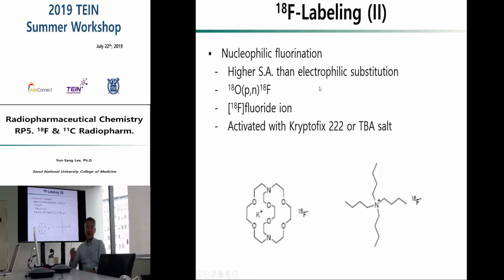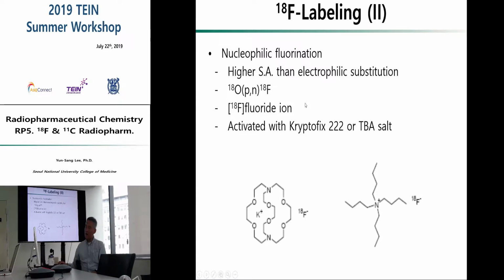Earlier, F18 FDG we could make from the F2 gas method. That is the electrophilic substitution method, which has lower specific activity than the fluoride ion method.